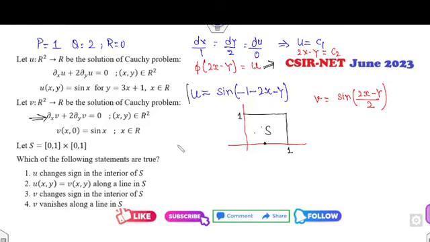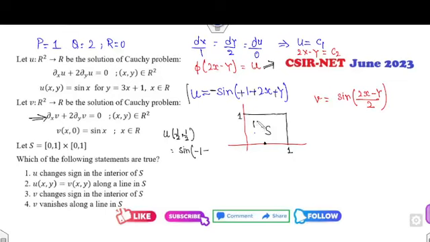If I choose half and half, what is the value of u? Half and half, so that means sine of minus 1. Okay, I can do a little bit easier calculation. I can take negative as a common. Then this is plus 1, this is plus 1, this is plus 1.